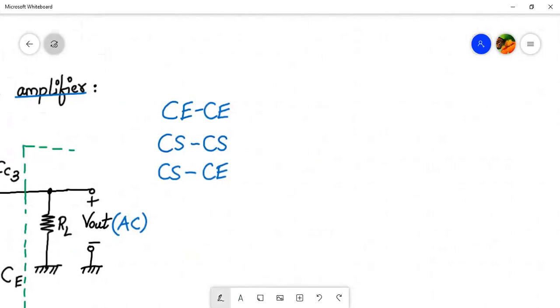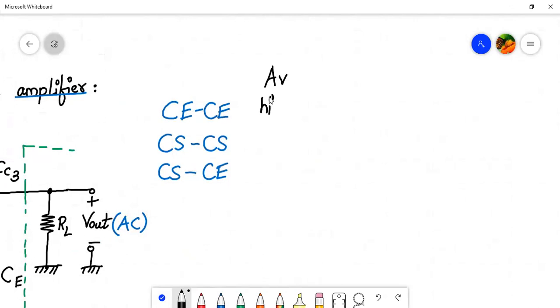First of all, let us compare from the point of view of voltage gain. The voltage gain of common emitter is the highest, and any value greater than around 1200 or 1500 will suffice for the highest gain. Now, in case of common source, the voltage gain is the lowest, right?